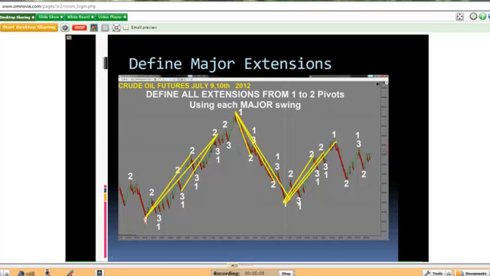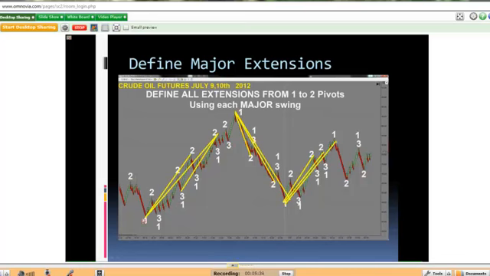An extension will take the distance from the number 1 pivot to the number 2 pivot, and it will multiply and project out into the future 200% of that range, 261% of that range. It'll project lines into the future, and really what we're trying to do is build a roadmap of where we have high concentrations of Fibonacci support and resistance.